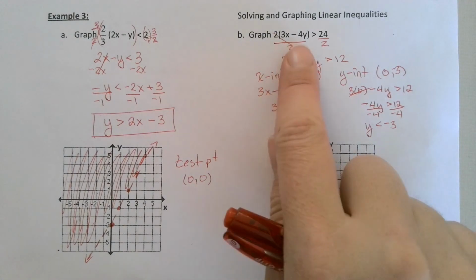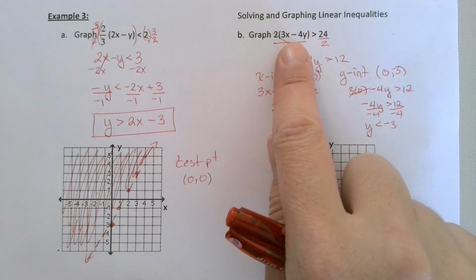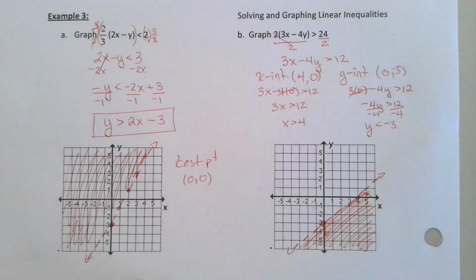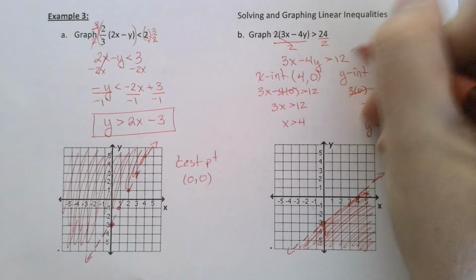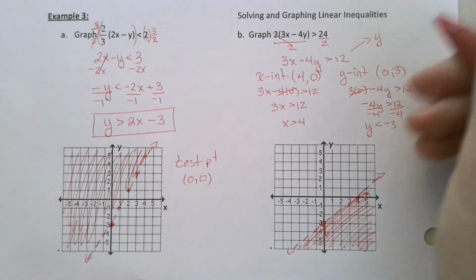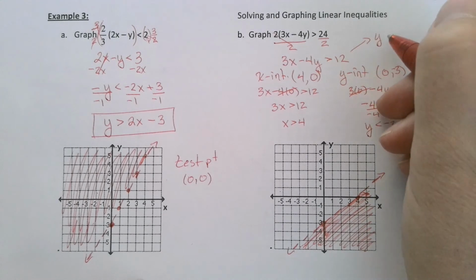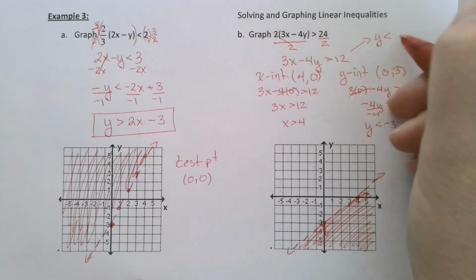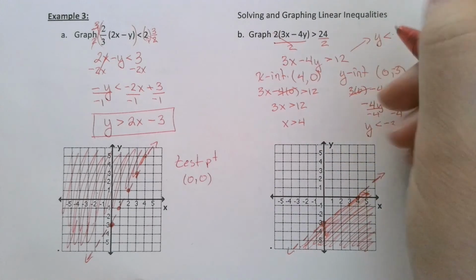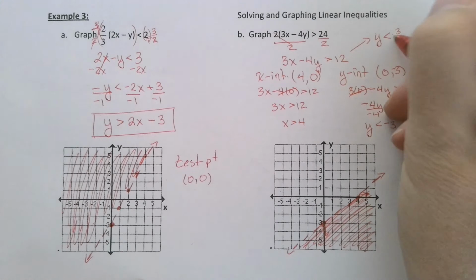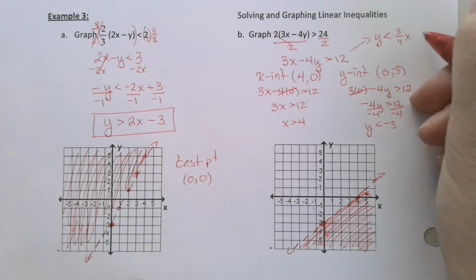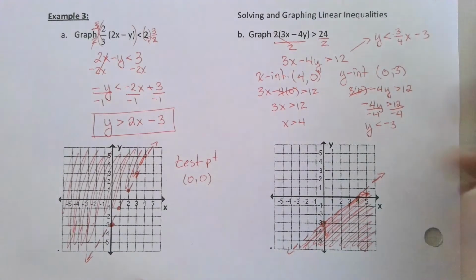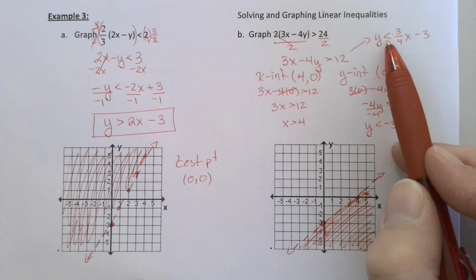Because if I would have solved this for y equals mx plus b, I would have had a positive slope. So if I would have done y equals mx plus b, I would have had a positive y, but I would have had to flip my sign because I would have had a negative 3 divided by negative 4. So I'd have a positive 3/4 x, and I would have a negative 3 here. And see, that less than symbol is what I'd want to focus on.